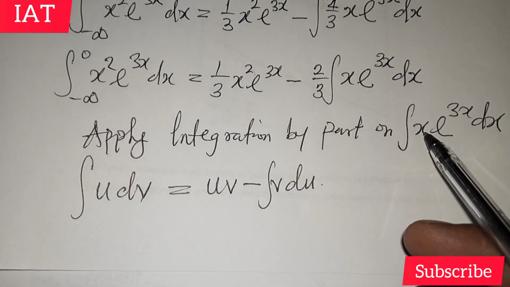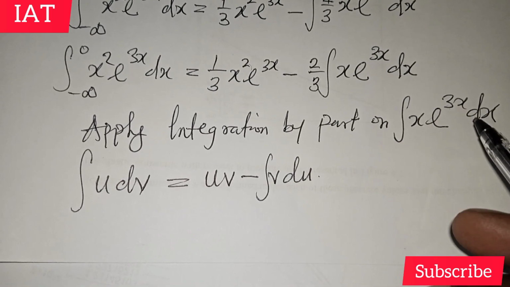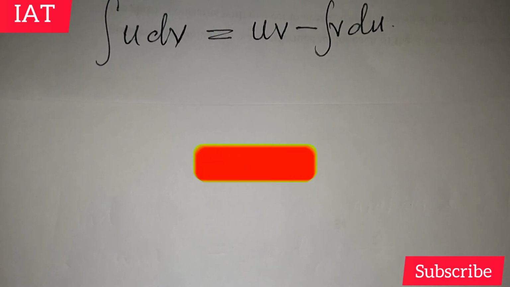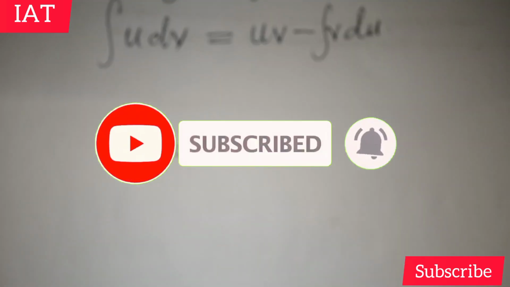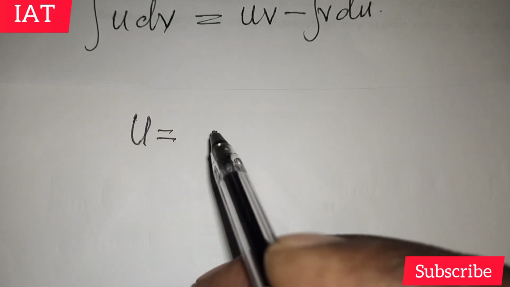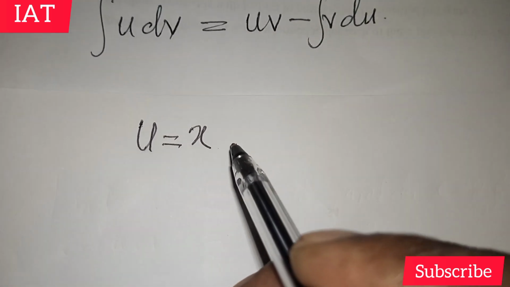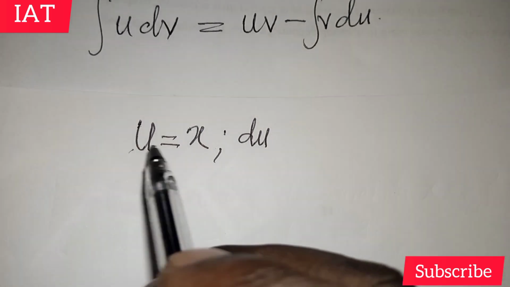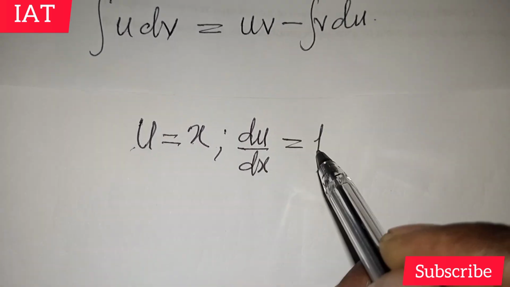We have x taking the position of u and exponential 3x dx taking the position of dv. So here we have u equal to x, and if you differentiate this u with respect to x, the result you have is 1.